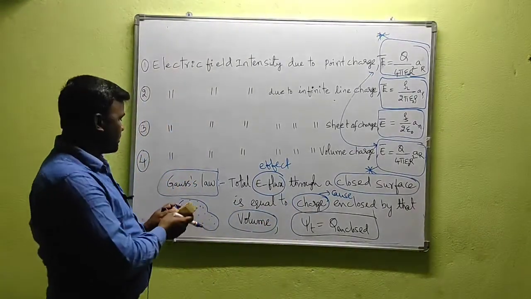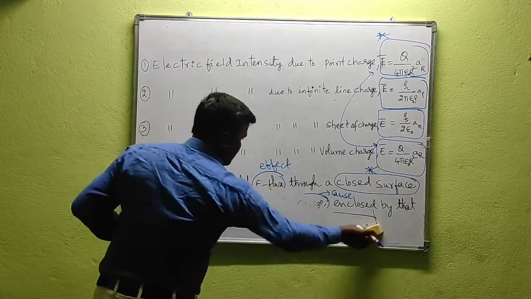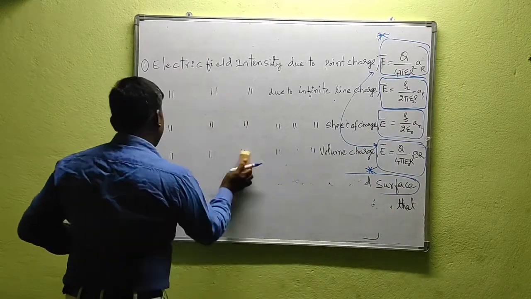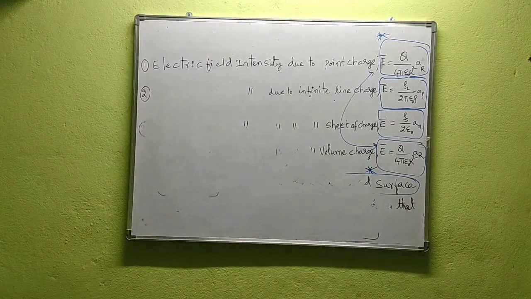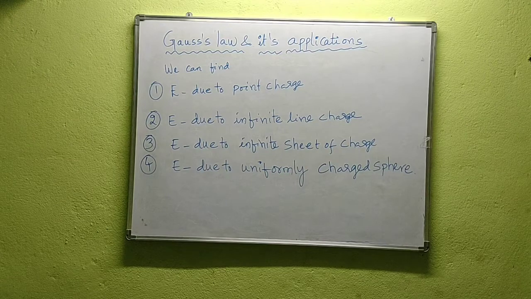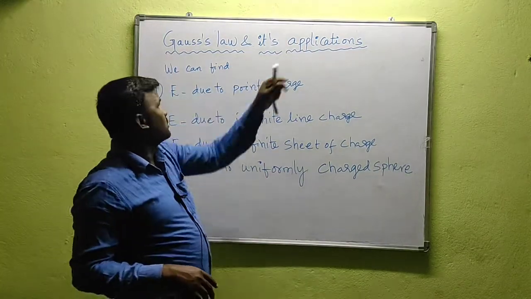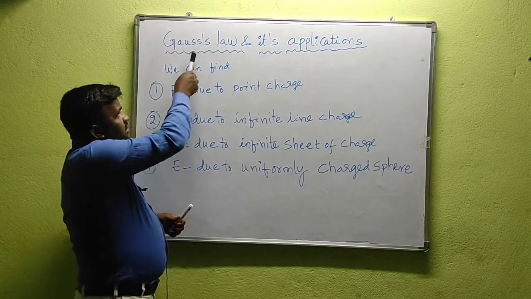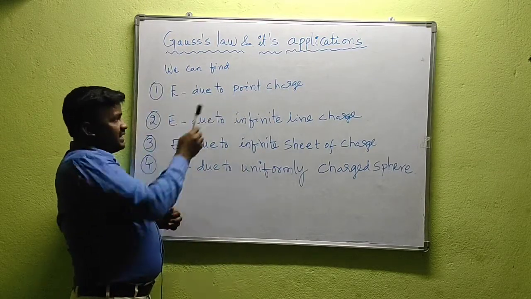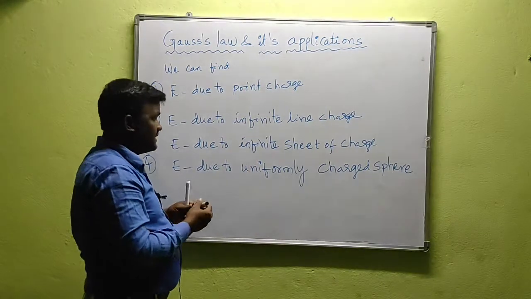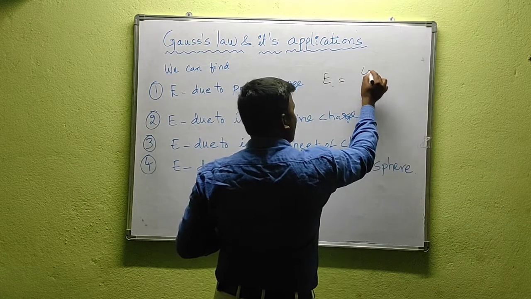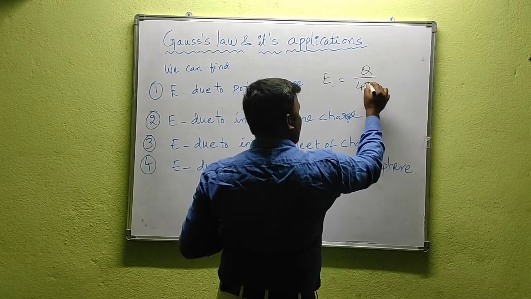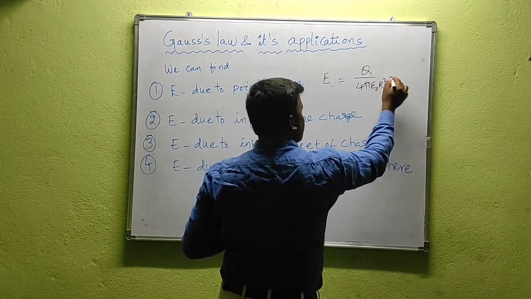Coming to the applications of Gauss law. These are the applications of Gauss law. By using Gauss law, we can find E due to point charge, that is E equal to Q by 4 pi epsilon naught R square into AR.